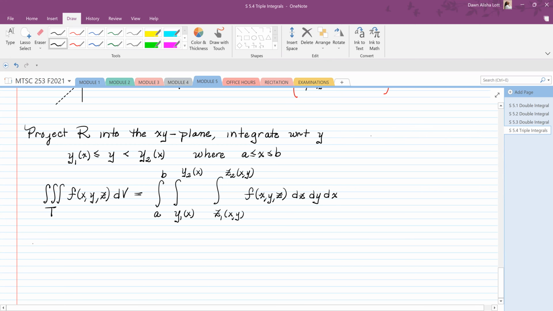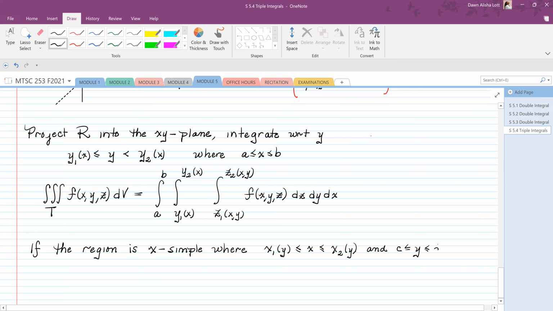If the region is x simple, then you would get x simple where x1 of y is less than or equal to x is less than or equal to x2 of y, and c is less than or equal to y is less than or equal to d.